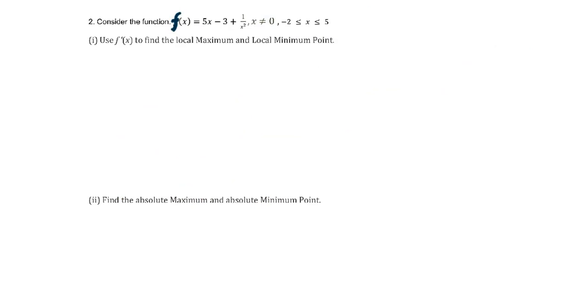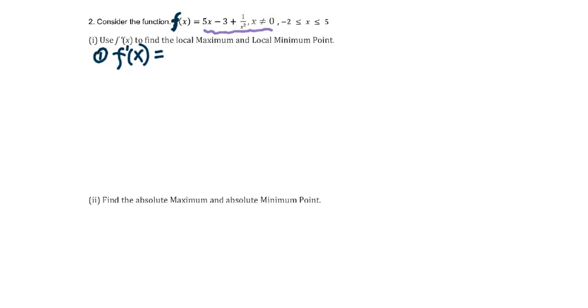For number 2, consider the function f of x equals 5x minus 3 plus 1 over x squared. The x is not equal to 0 and x is between -2 and 5. Use the first derivative to find the local maximum and local minimum point. Therefore, the first step, we will work on f prime of x.